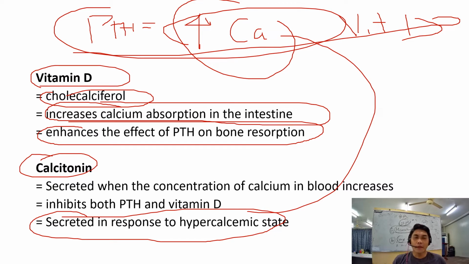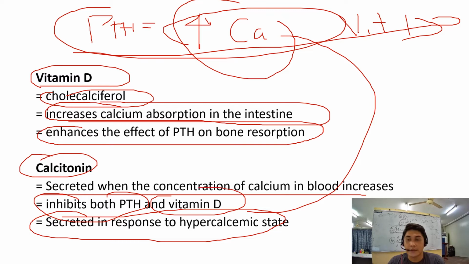The action of calcitonin is to inhibit both PTH and vitamin D, so it inhibits the reabsorption and absorption of calcium. That's calcitonin.